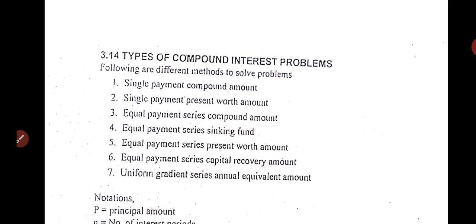Suppose I am getting 3 lakh rupees. In this case, if I invest 1 lakh rupees and I am getting 3 lakhs at the end of 5 years. Now this second one, single payment present worth method, is if I want 3 lakh rupees at the end of 5 years, how much I should deposit now for 5 years at the interest of 8%.